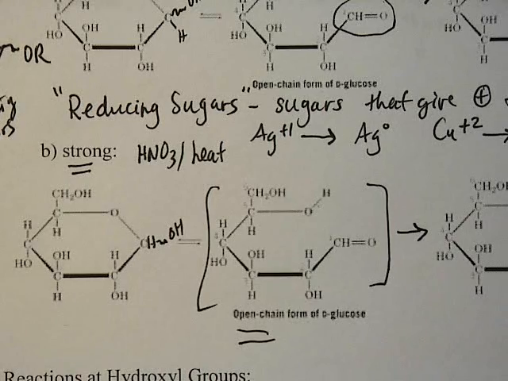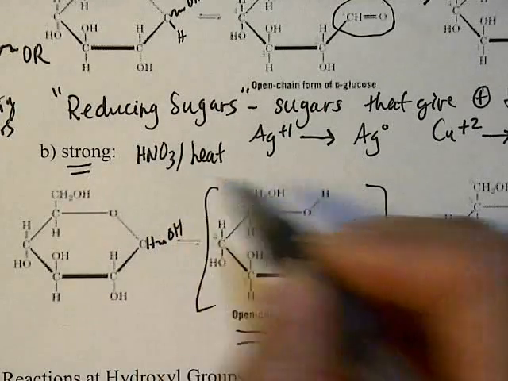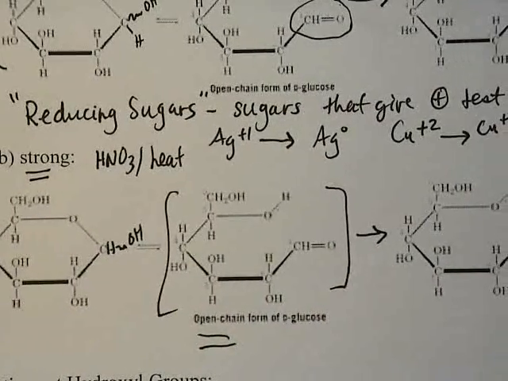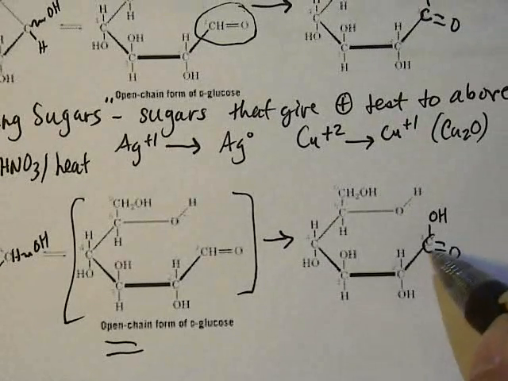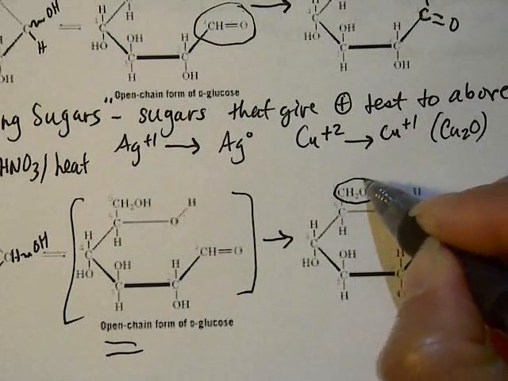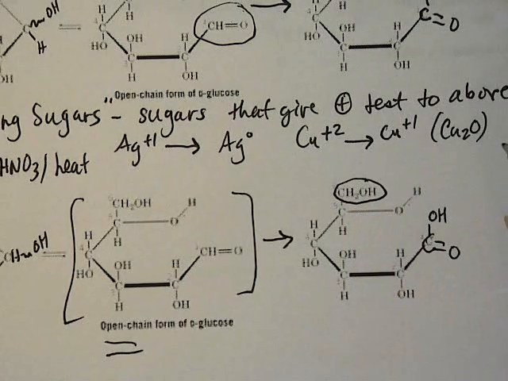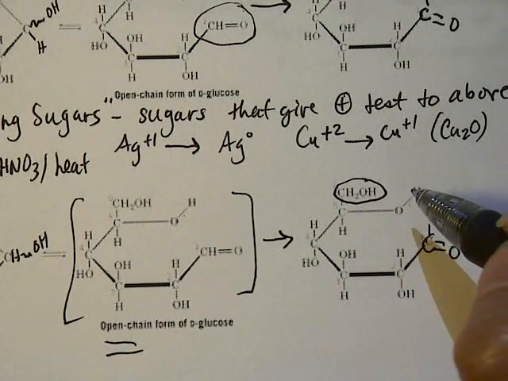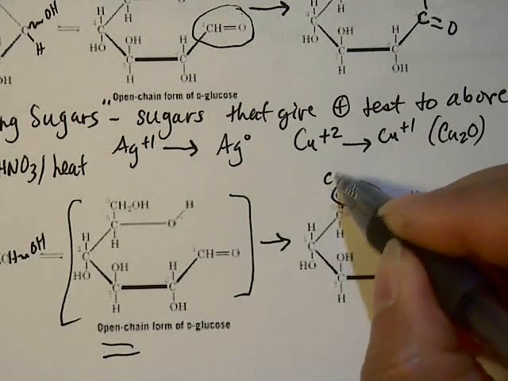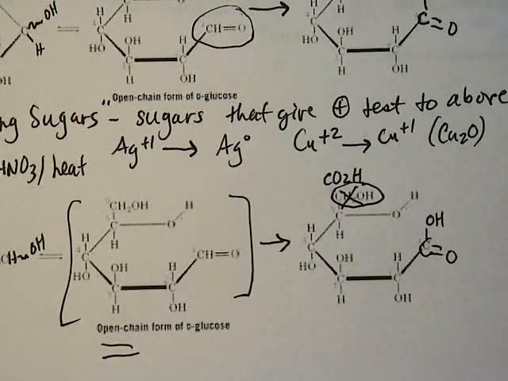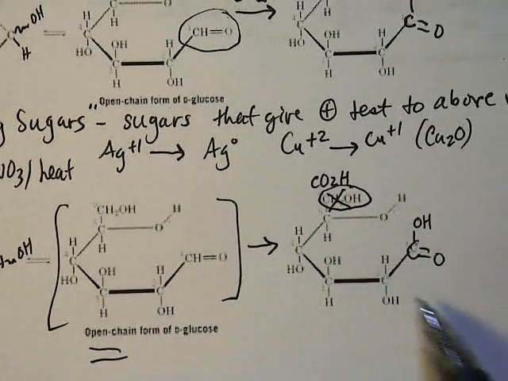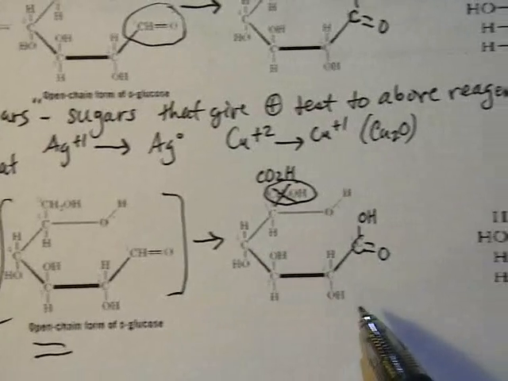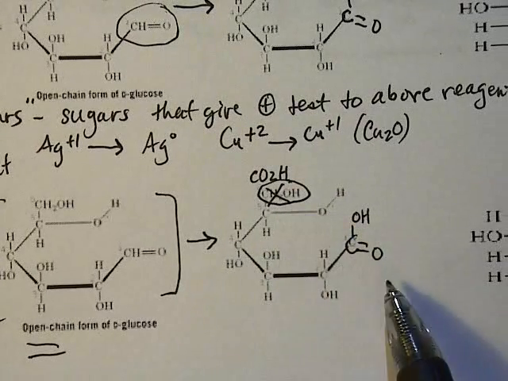But what happens is that under a strong oxidizing agent, it not only converts the aldehyde to the carboxylic acid, but it also converts the primary alcohol that's at the end to a carboxylic acid also. All right, so not the secondary alcohols, they don't get oxidized, but just the primary and the aldehyde.